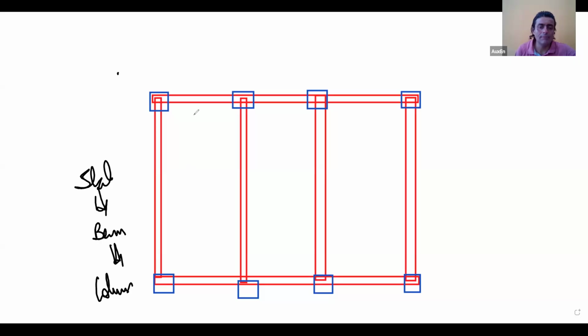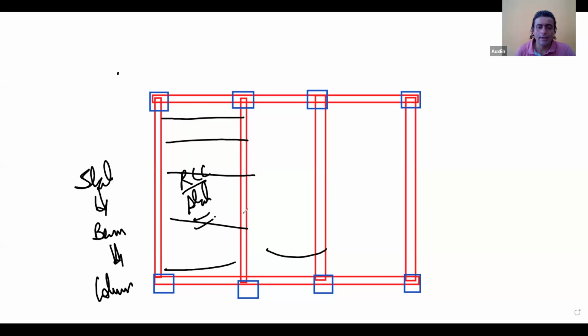Now, when you put a slab, either you can put an RCC slab. Now for an RCC slab, what happens? You need to have a formwork first. So you put a formwork, and then after putting the formwork, you put concrete on top of it and then remove the formwork, isn't it? That's how you fill the RCC slab. Am I clear? Okay.